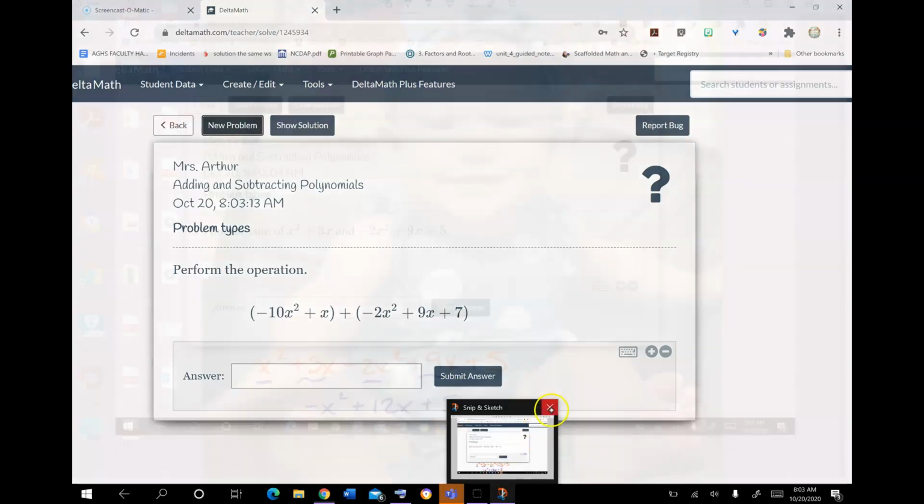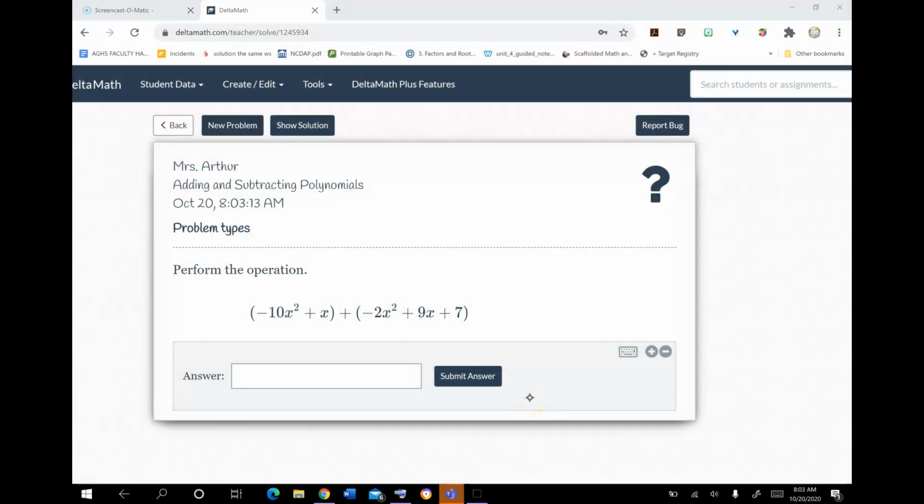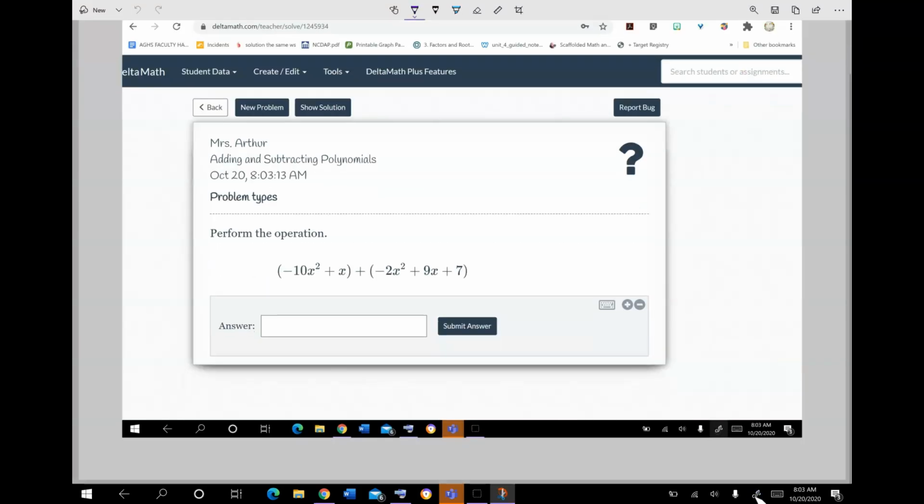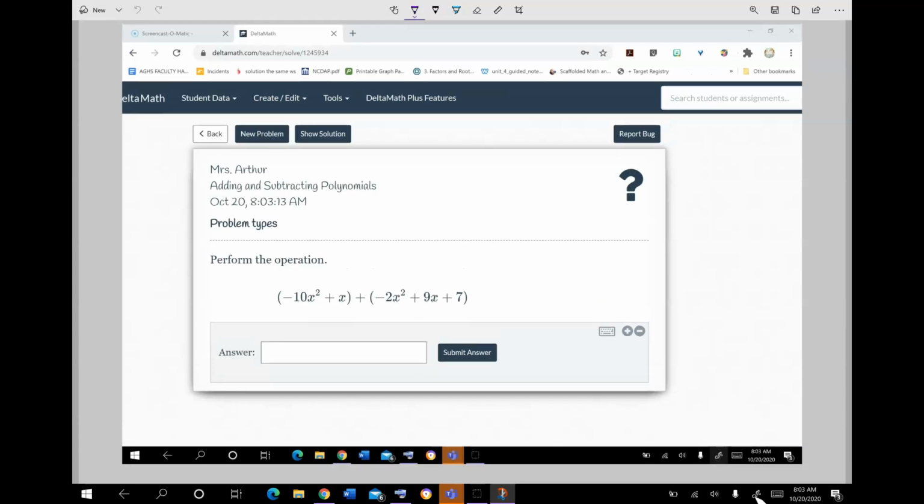So this one is an addition problem, okay? So we're going to add these together. And when it's an addition problem, you can drop the parentheses. You don't need the parentheses when you're doing addition. So we're just going to rewrite it as negative 10x squared plus x, and then that plus and minus just makes a minus, plus 9x plus 7.